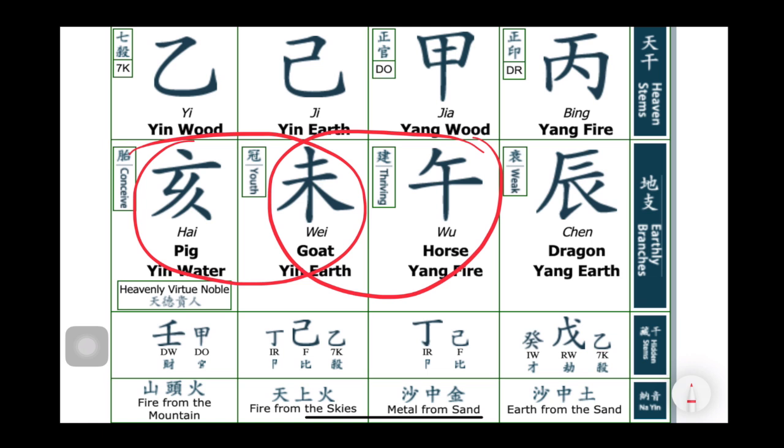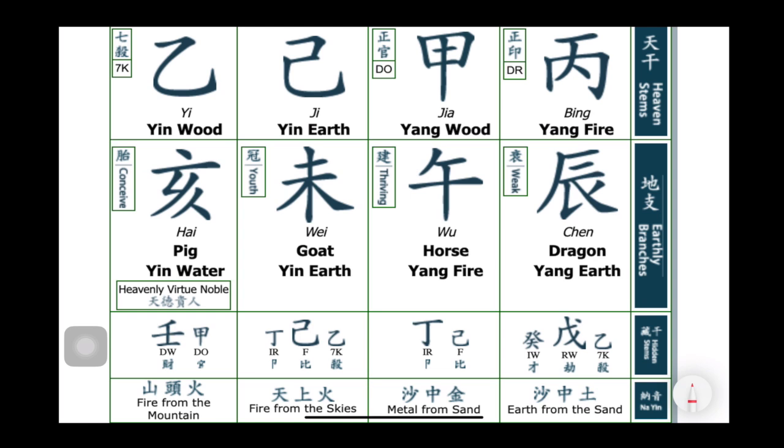So we know all this stuff. Yes, there's some interactions also going on aside from the combos. There is a combination in the stems between the day master and the Jia wood in the month branch. But we're actually not going to talk about these things unless we have a specific reason to reference them. Instead, one of the first things we're actually going to do is discern this person's character. Now, this we can do without a question for reference.